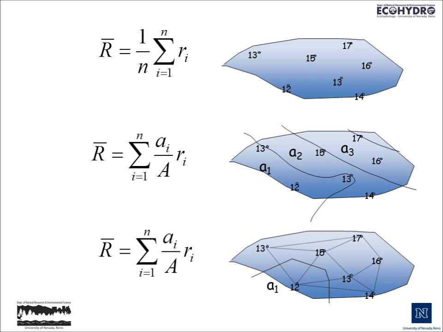The important part is that the areas associated with each one of those rainfall amounts become the weighting factor for each observation, or for each assumed observation. In this case, the total area included in A1 would be divided by the total area and multiplied times the amount of rainfall that we assume is distributed over A1, which would be 12 or 12.5 millimeters.